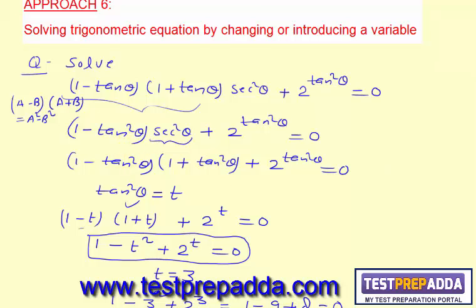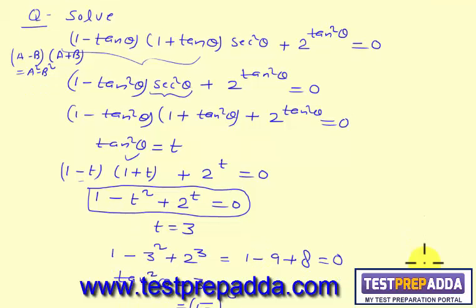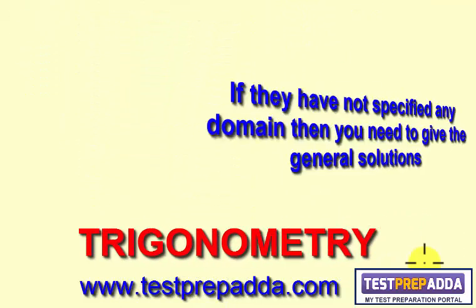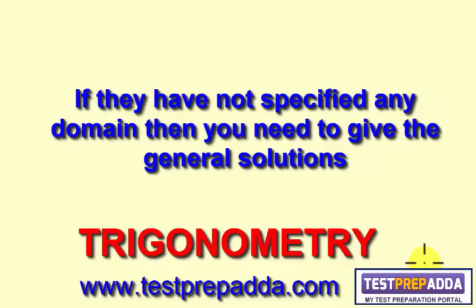Okay, dear students, when you solve trigonometric equation, you need to remember few things. If they have not mentioned anything, if they have not specified any domain, then you need to give general solutions of the given trigonometric equation.